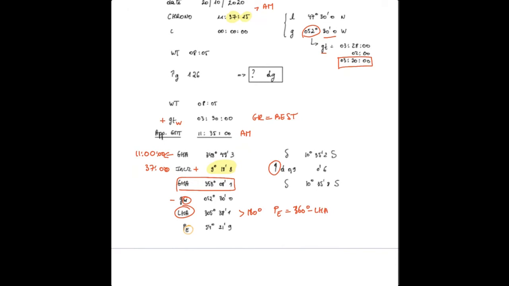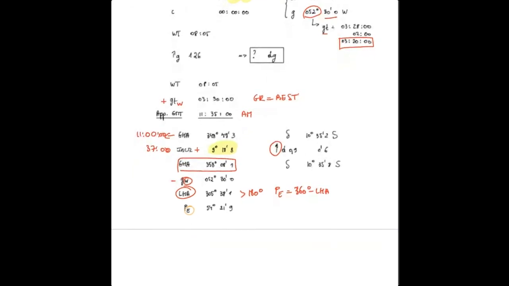For our declination, we also have to go back to the 37:15 increments table. The d correction 0.9 becomes 0.6. We add that to 35.2, and this gives us a southerly declination of 10 degrees 35.8. So this is, as I told you, the start of everything. Now we can start calculating.